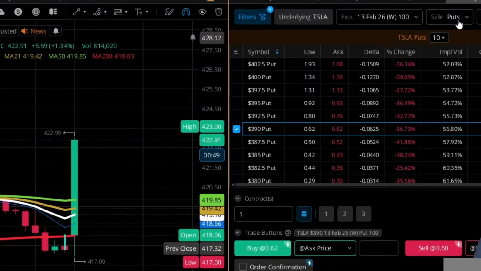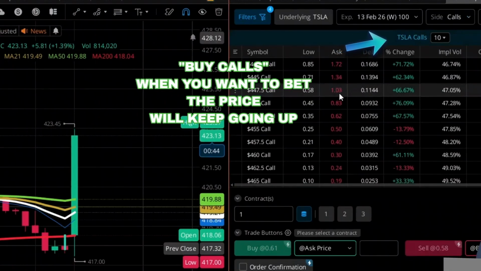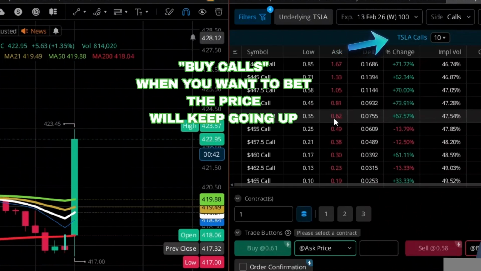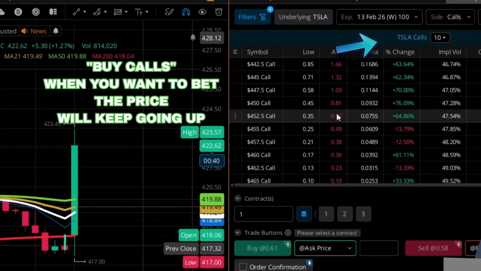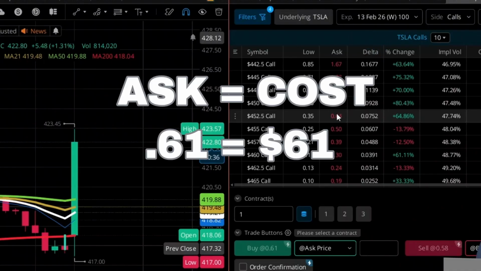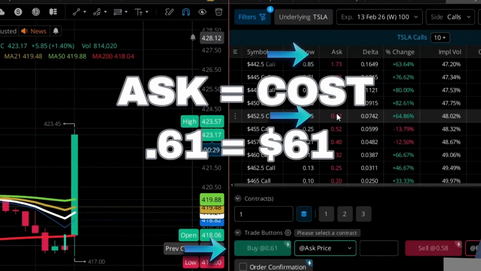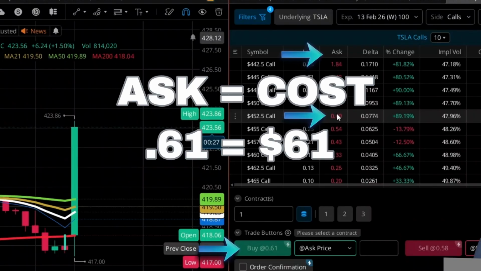I'm gonna bet that this is gonna continue to go up, and you buy a call when you want to bet the price will keep going up. All right, so we're gonna buy a call, but we're gonna wait for the candle to close. Remember, the asking price is the cost of the contract. So 0.61 ask equals $61.